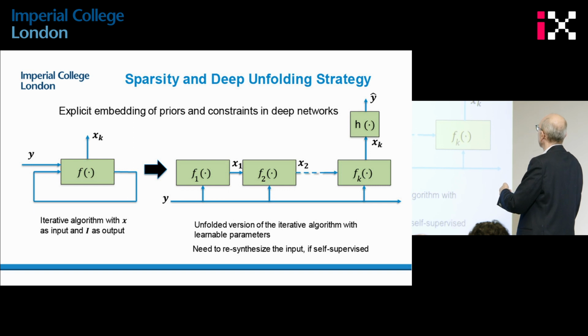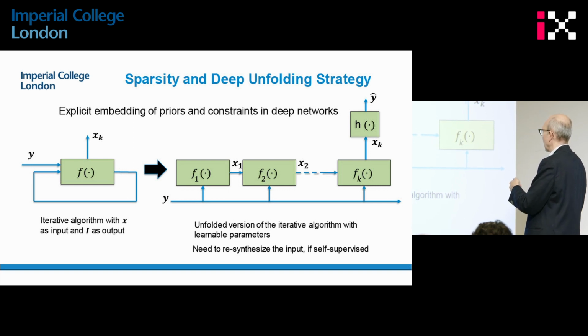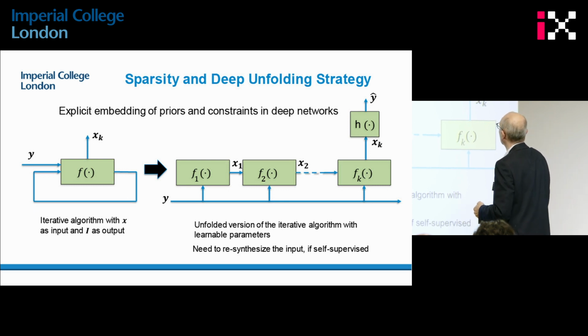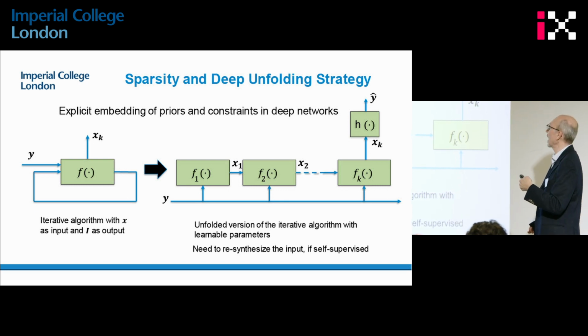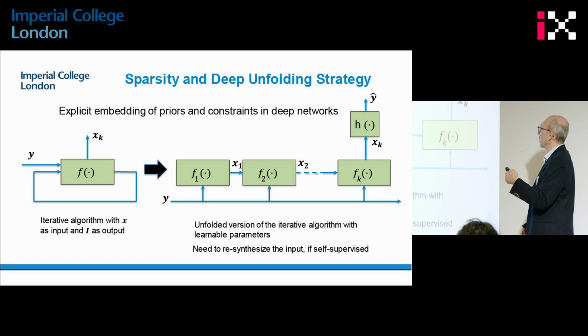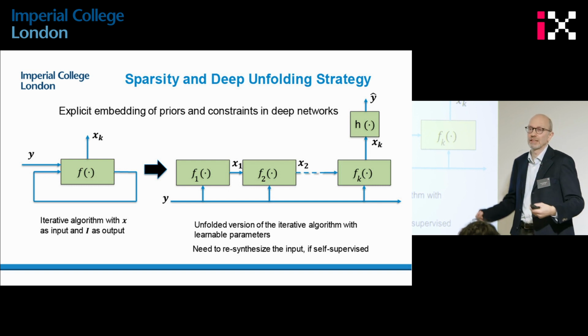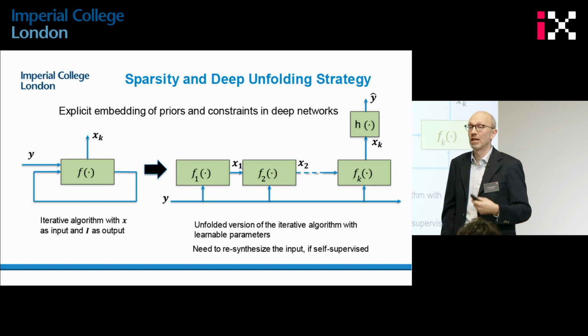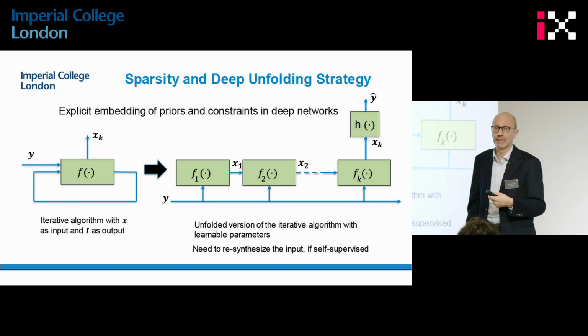If you're not fortunate enough to do supervised learning, then what you need to do, given your estimated x, is mimic the image formation process again so that you get the data again, and just try to impose that this one here is as similar as possible to this one here. It's a self-supervised type of approach, which you need to use very often for real problems because you don't have the data, okay?